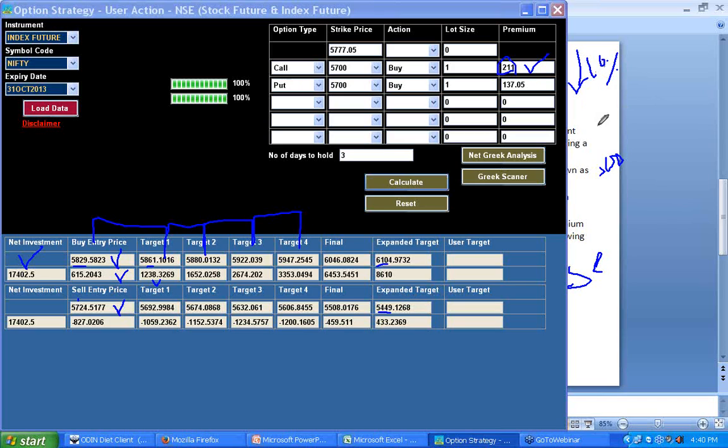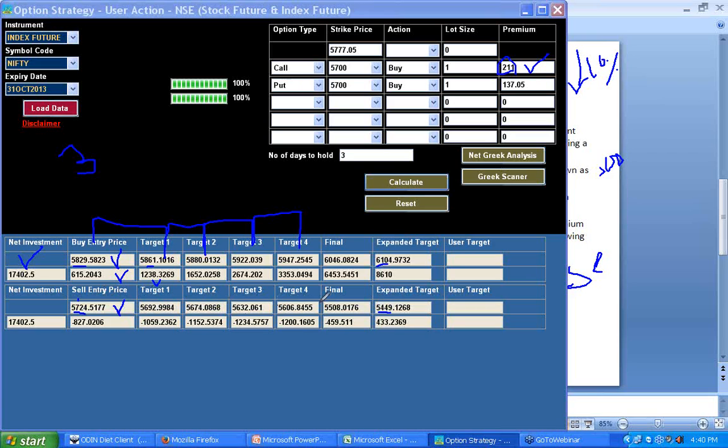So I got the first answer to my question. During this 3 days period, I am expecting an upward breakout above 5829 may bring the Nifty to 5922 and 6104. A downward breakout below 5724 can bring the Nifty to 5449.